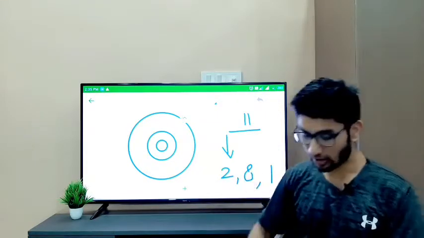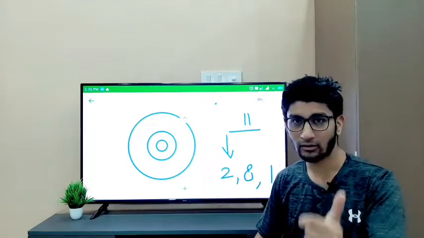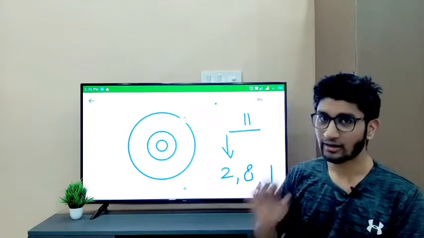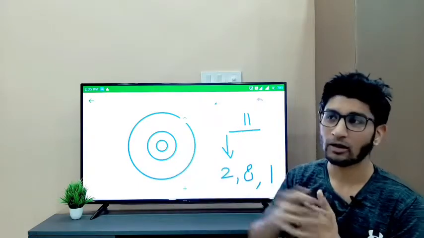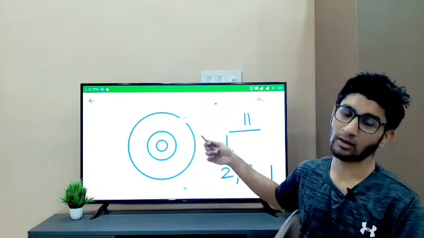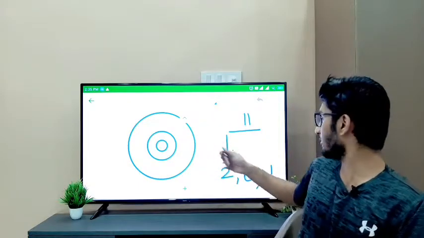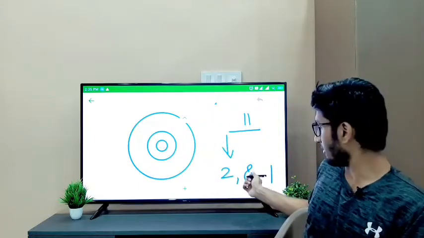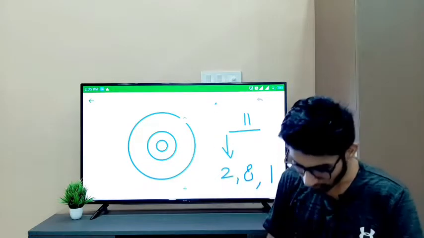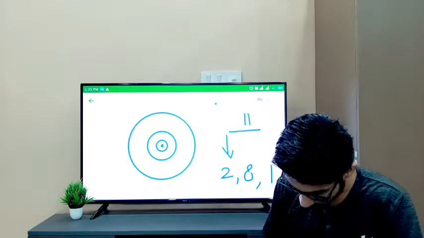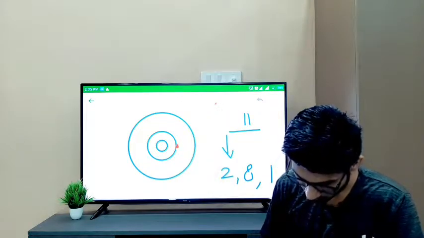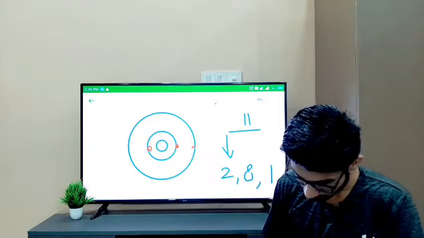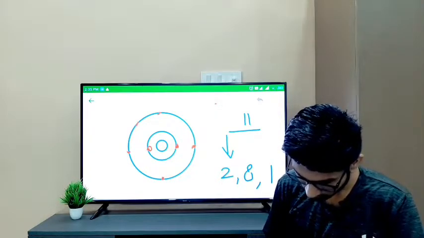As I told you, the last, or the outermost or the valence shell, is really most important in regards to the chemical reaction, right? Because this is the shell which is going to take part in the chemical reaction. So this is the nucleus, and here you accommodate 2 electrons, and in the second one you're going to accommodate 8.